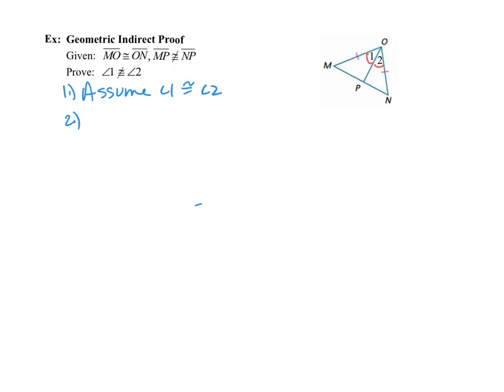Okay, so let's go ahead and write down what we just talked about. So we're assuming that angle 1 is congruent to angle 2. Then in step 2, we're going to say, then since MO is congruent to ON, and I'm going to put the justification in parentheses, that was given.